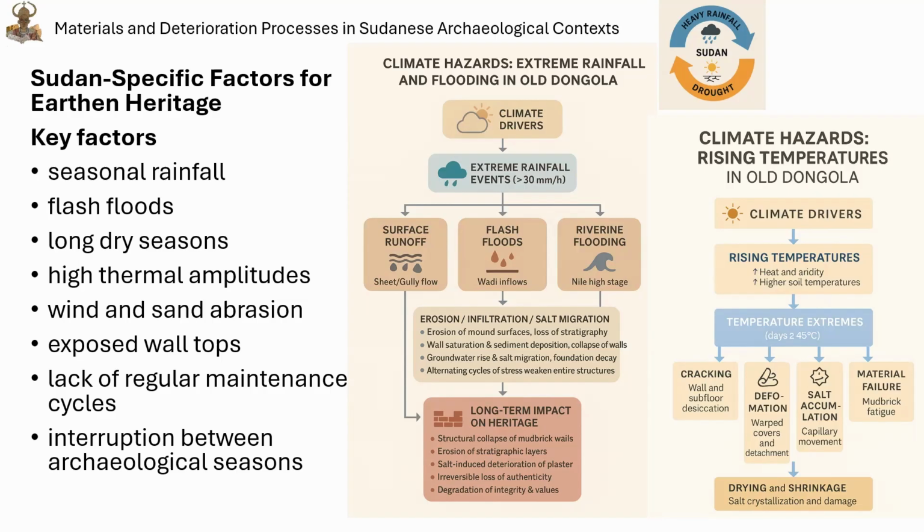And we decided that right now for Old Dongola, the most difficult is this cycle: heavy rainfall, really strong, not so often, but really strong. And after that, drought, because it makes this earthen architecture exposed to thermal stress.